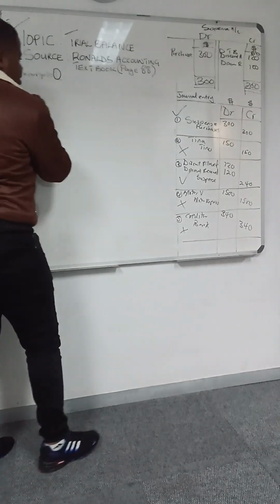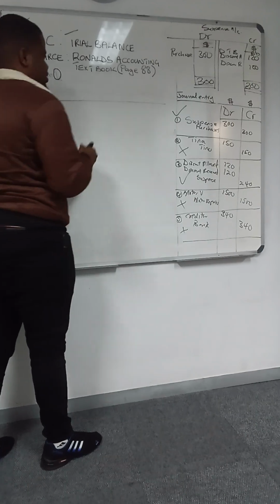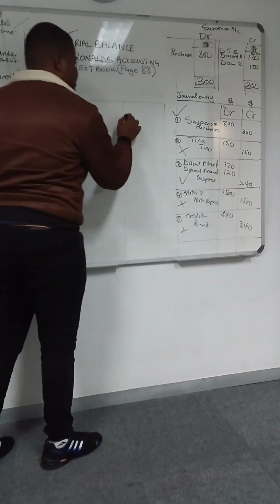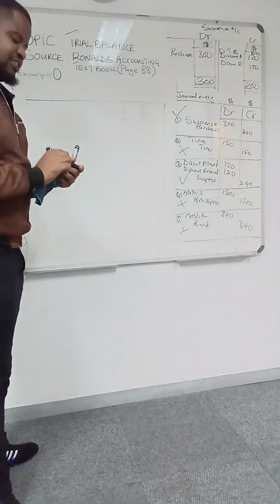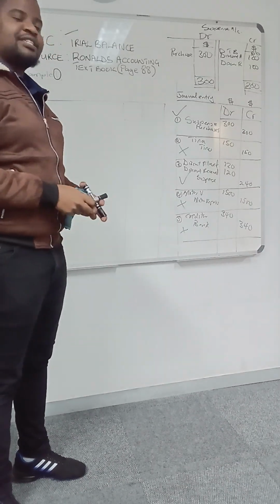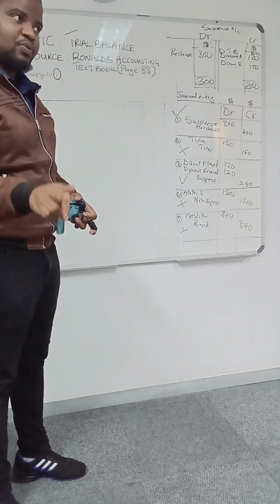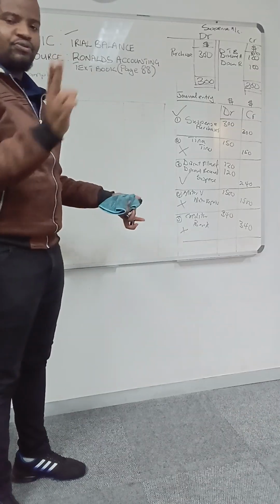So, in the exam, there will be a space like this. The question was saying, remember I said when you do this type of question, you need to read the question very carefully. There might be 2 questions there. The first question might be asking for the effect, whether undercast or overcast.